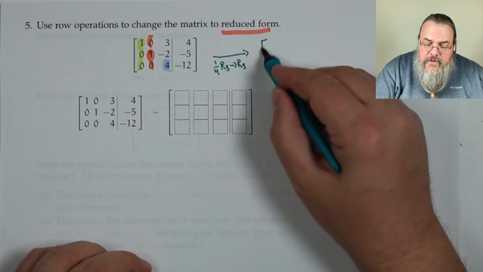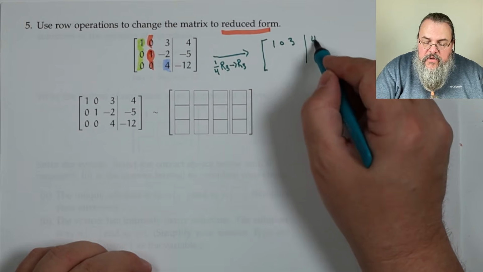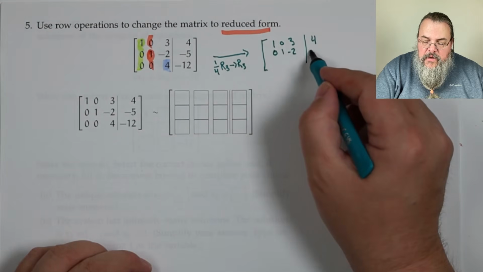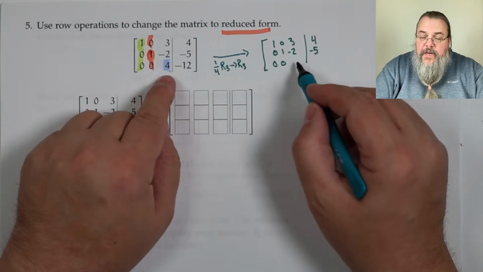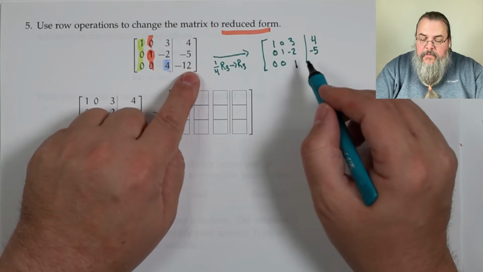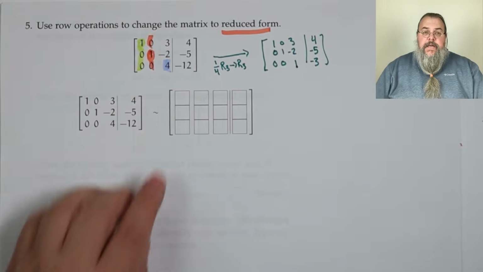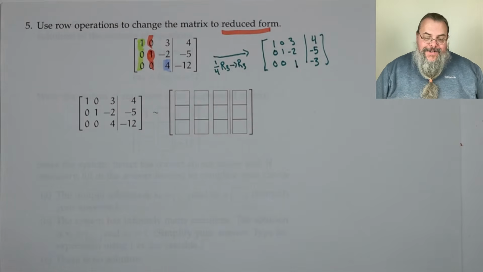It leaves the first two rows alone, so we still have the 1, 0, 3, 4. We have the 0, 1, minus 2, minus 5. And then we have the 0, 0, 4 times the fourth is 1, negative 12 times the fourth is negative 3. All right. Good. Now we like that 1.